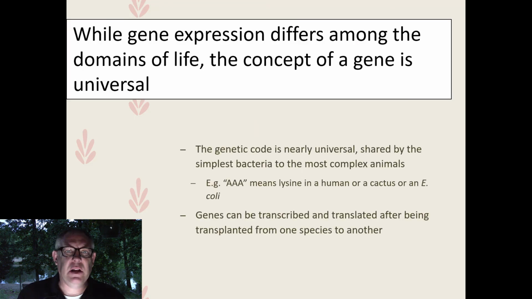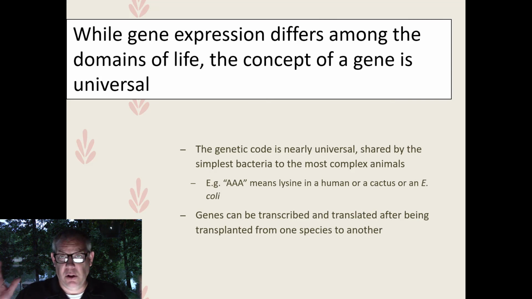Gene expression and what genes do and how they're expressed, that's all different among different organisms. But the idea of a gene is universal. We all do this DNA to RNA to protein in the same way. It means different things in different organisms, and we do it in different ways, but the basic idea is the same in all living things.